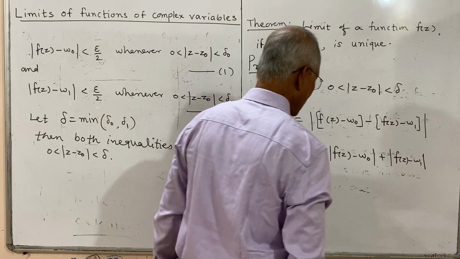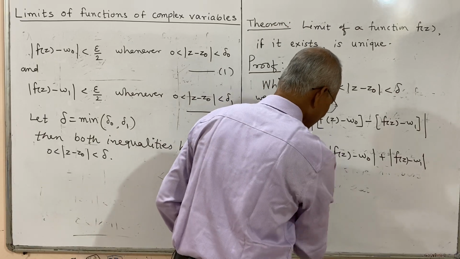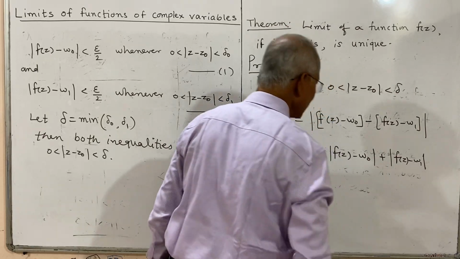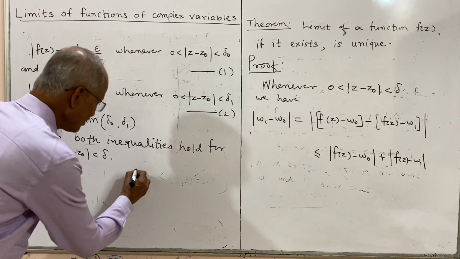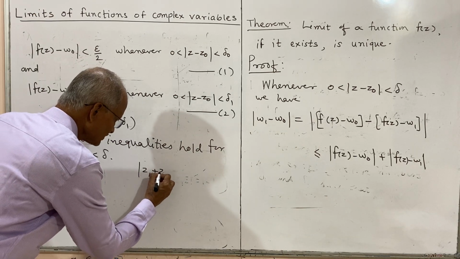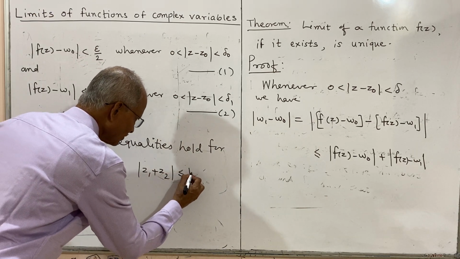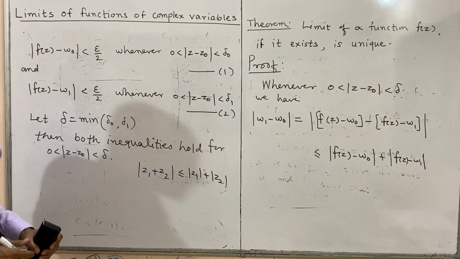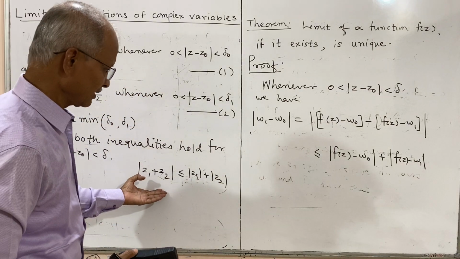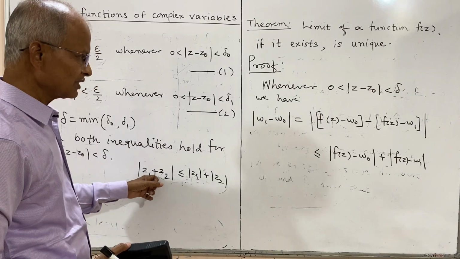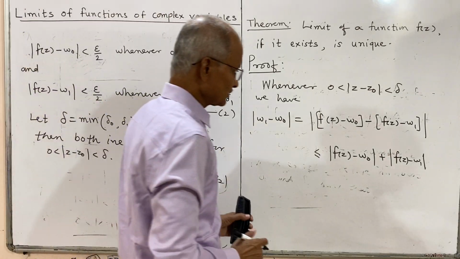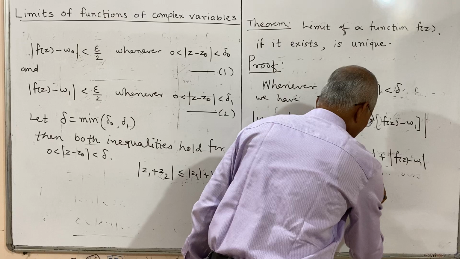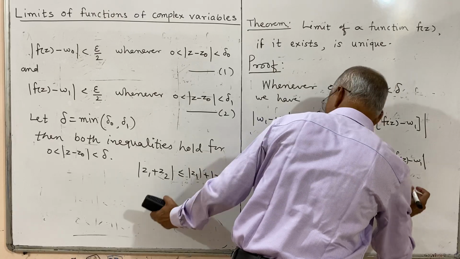We have proved this result earlier; it is actually the triangle inequality. We have mod of z1 plus z2 is less than or equal to mod z1 plus mod z2, and the same thing happens for the negative value. So this is by the triangle inequality.